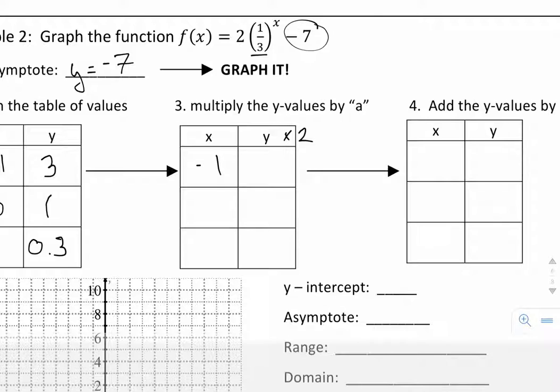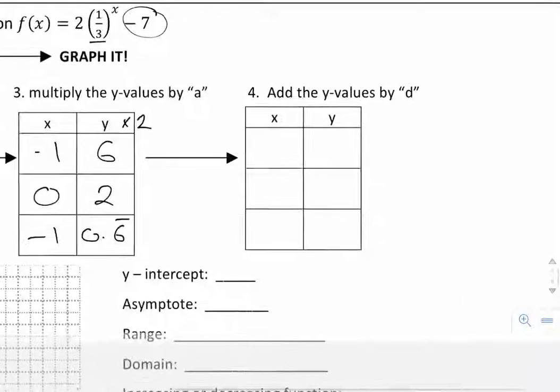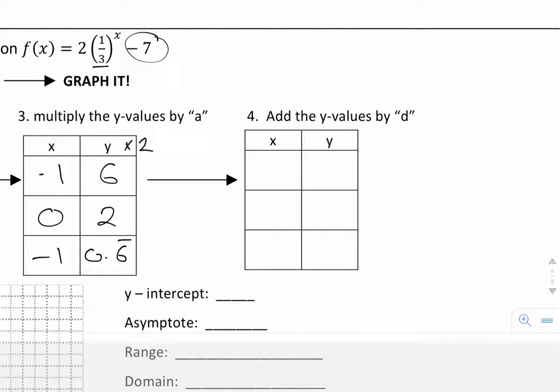All the y values times 2, so I get 6, 2, and 0.6 repeating. And finally, I add 7, or -7, because my d value is -7. X values stay the same, and I get -1, -5, and -6.4, roughly.